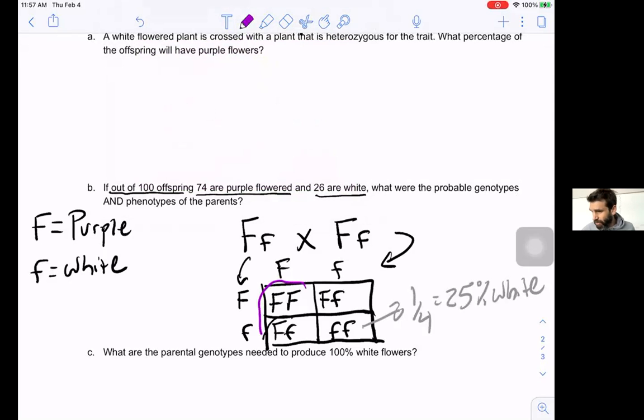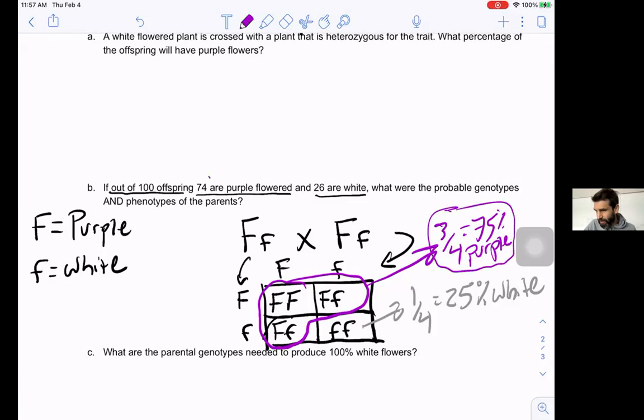And 3 out of 4, 75% are purple. And this 3 out of 4, 75% reminds me of this 74 out of 100 are purple, and 26, about 25%.